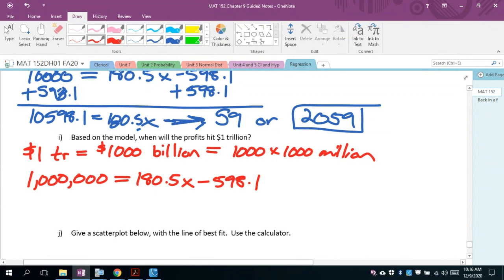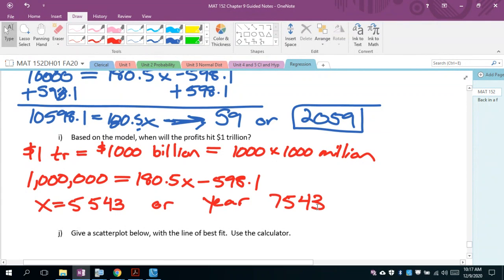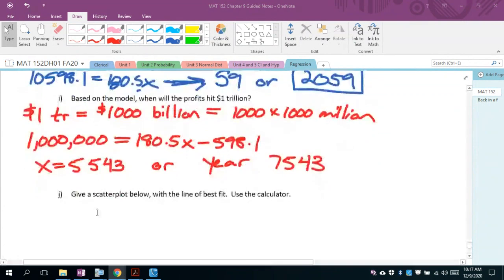This is going to be a rather long time, I think. x will be 5,543, or it's 2,000 years since then, or the year 7543. So I don't think that's going to happen. In that case, an exponential model would probably be more appropriate if you wanted it to get closer to $1 trillion, but that's how that works.